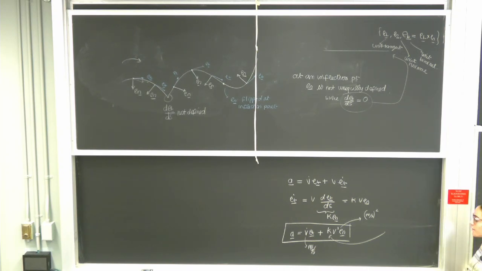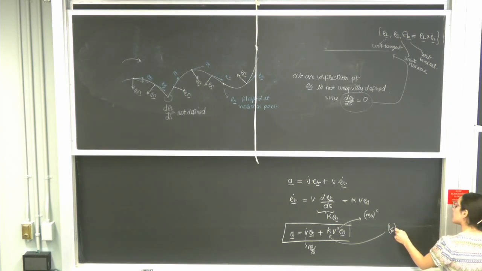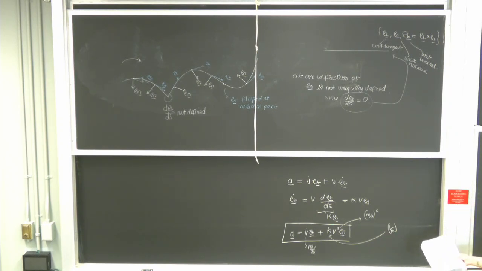What's the unit of kappa? Yes? 1 divided by length. So that we have units of acceleration here, meters per second squared. And you can also think of kappa as being 1 over rho, 1 over the radius of curvature, so 1 over length. That way. Okay?